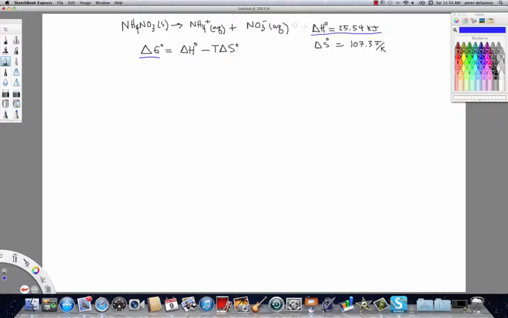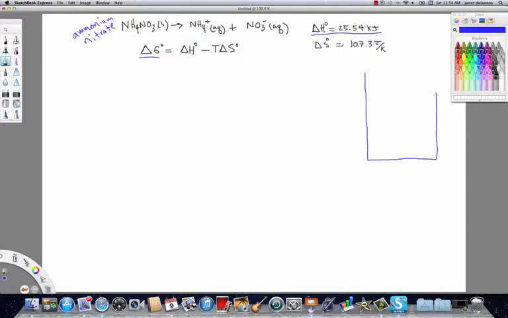So if we just talk about how this would work in a calorimeter for a minute. I want to put a label here. This is called ammonium nitrate. And we're going to take 1 mole of this material and we're going to dissolve it in water. So if I was to actually run a calorimetry experiment, this is what it would look like.